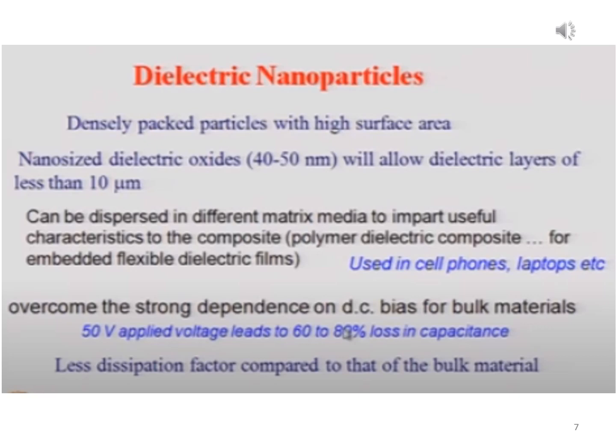So you have to apply a high DC voltage, whereas if you reduce the size to nanoparticles, you can say that 50 volts applied voltage will lead to 60 to 80% loss in capacitance. So this dependence on the DC voltage can be reduced by using nanoparticles. So less voltage could be used for nanoparticles.